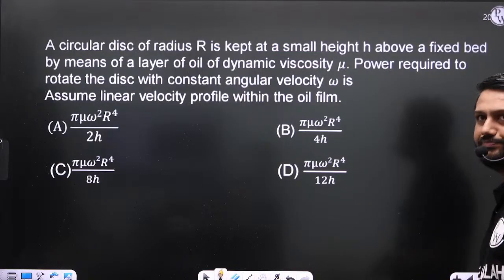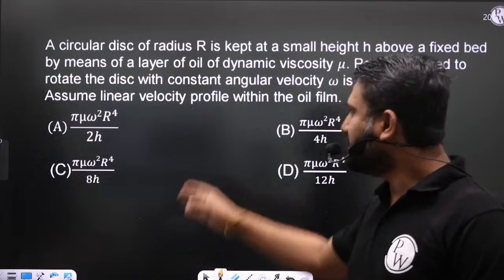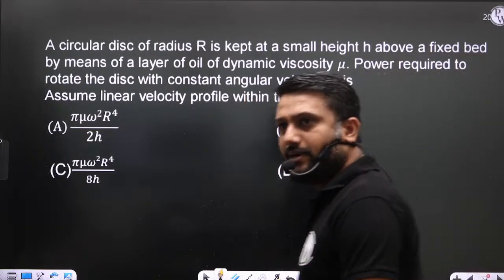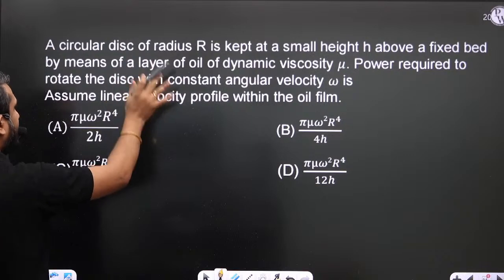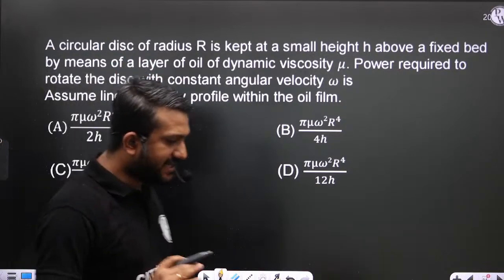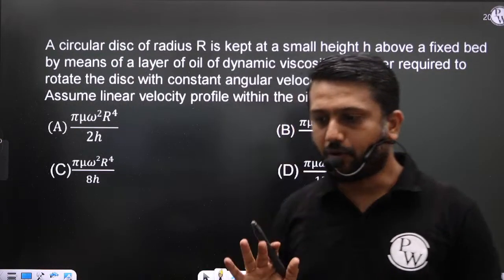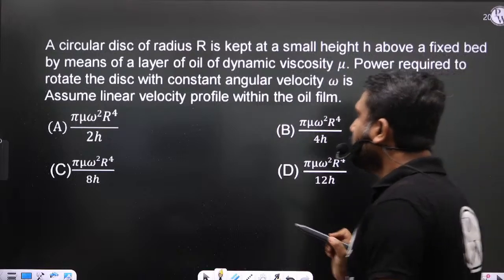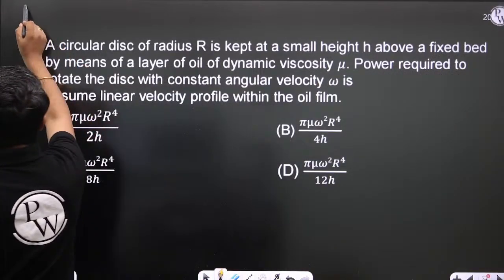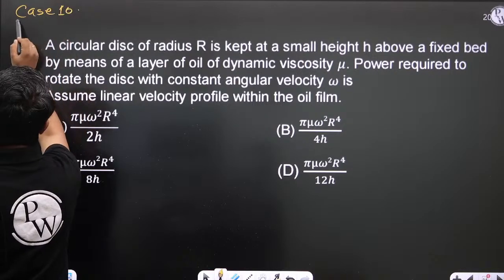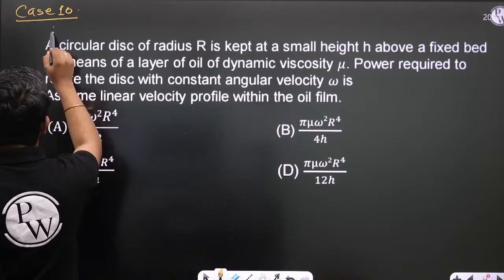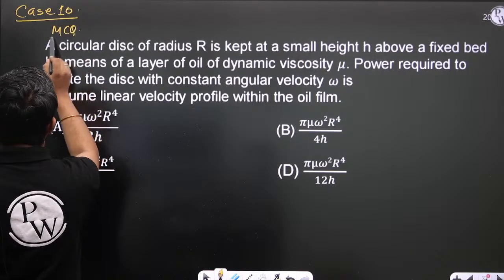This is nothing but case number 10 in the form of a problem. This is the MCQ problem.